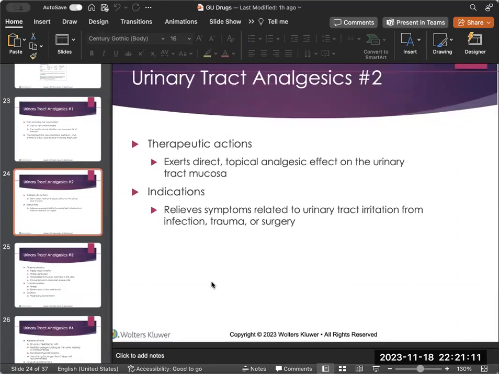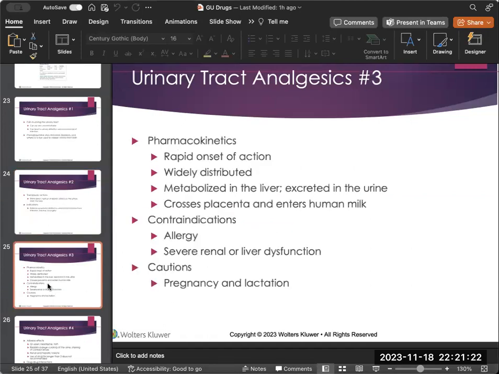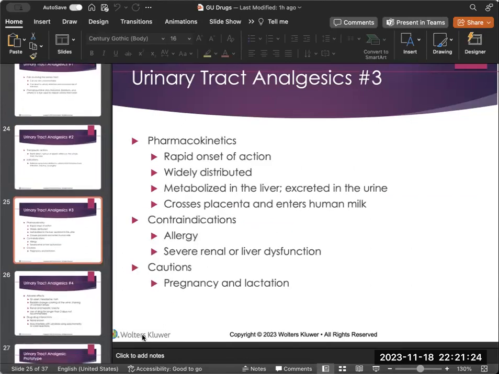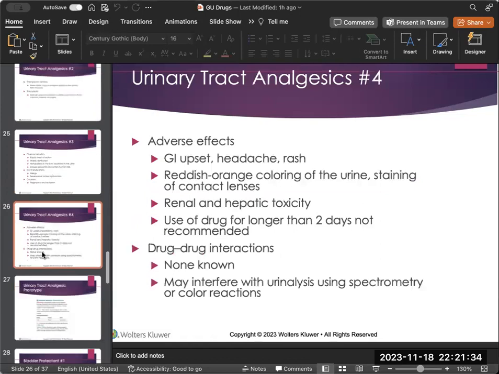So it goes on top of the urinary tract, you kind of rub it in there, and it helps relieve symptoms of urinary tract irritation from infection, trauma, and surgery, okay?